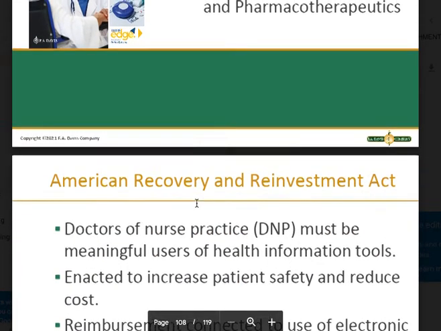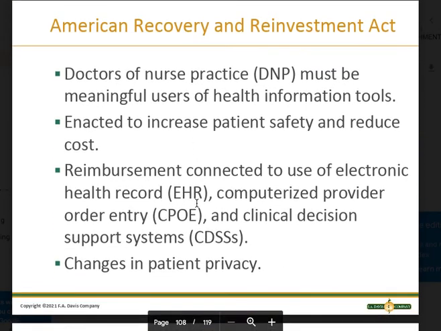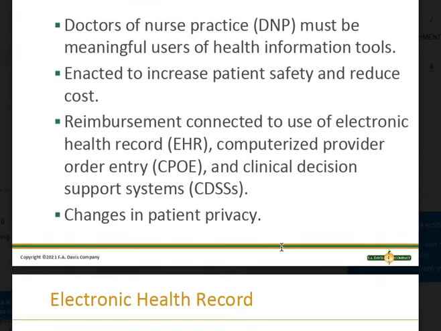Real quickly, IT and pharmacotherapeutics. IT is growing everywhere. It's now mandatory that you have an electronic health record, computerized order entry, and clinical decision support systems. Ours is based off of Micromedex, so it does our drug interactions and dose checks and that kind of stuff.